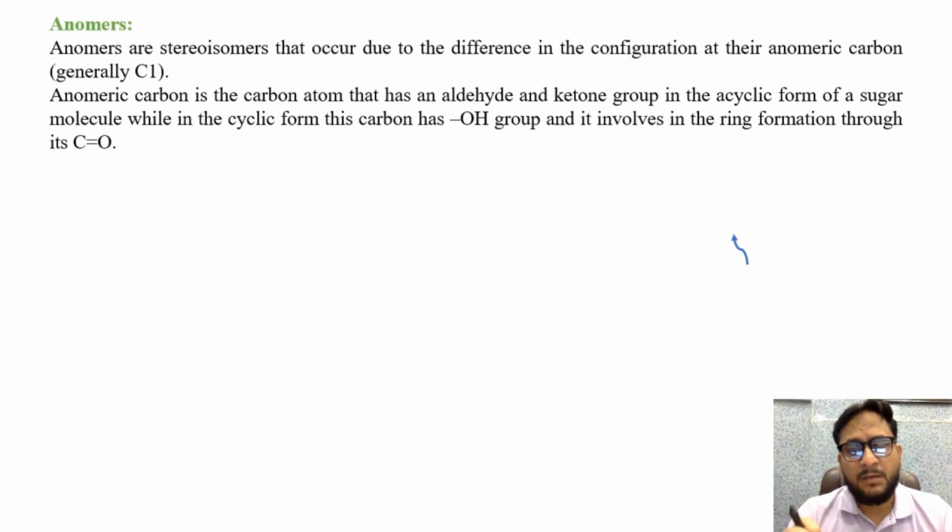Anomeric carbon is the carbon which contains an aldehydic or a ketonic group, and when they form a pyranose ring, in order to improve their stability, that carbon contains an OH group, and that carbon also takes part in the formation of the ring through its carbonyl oxygen.